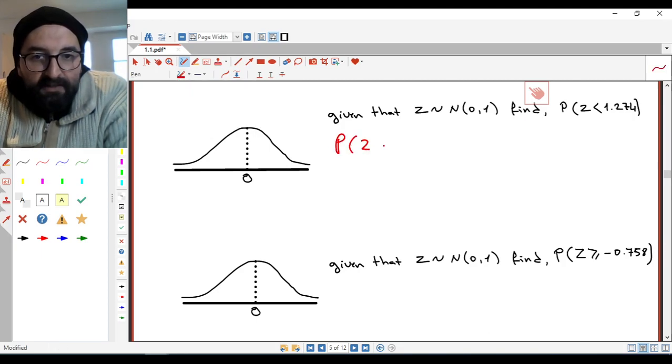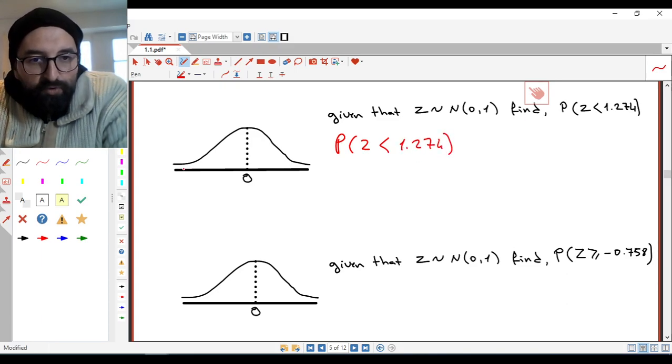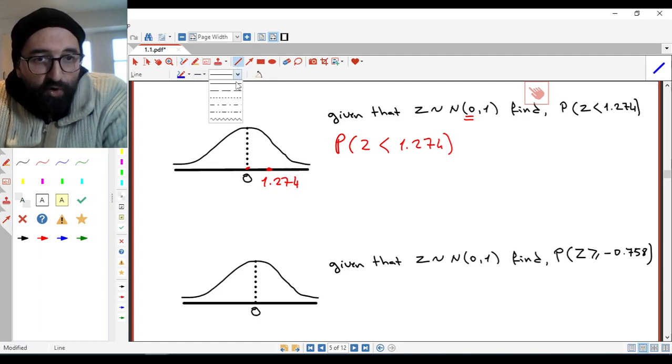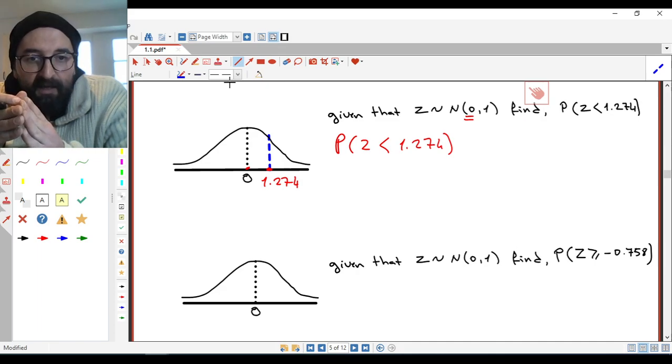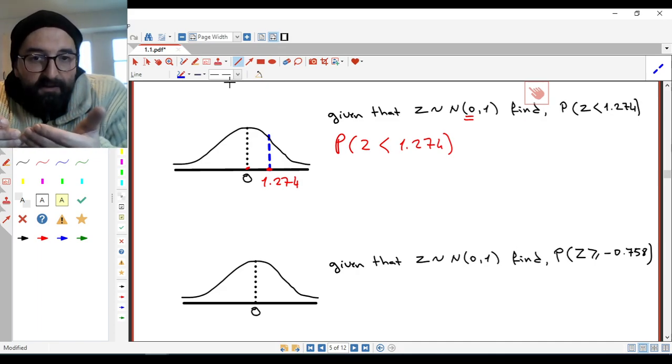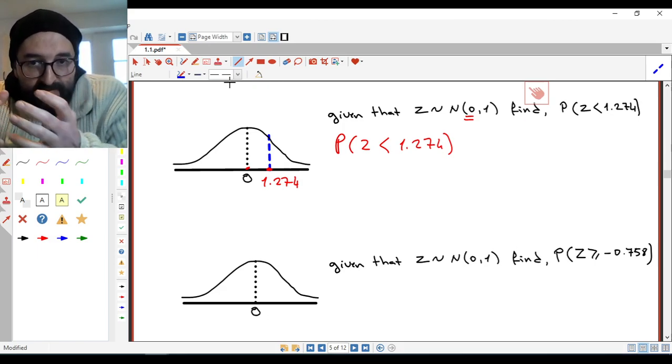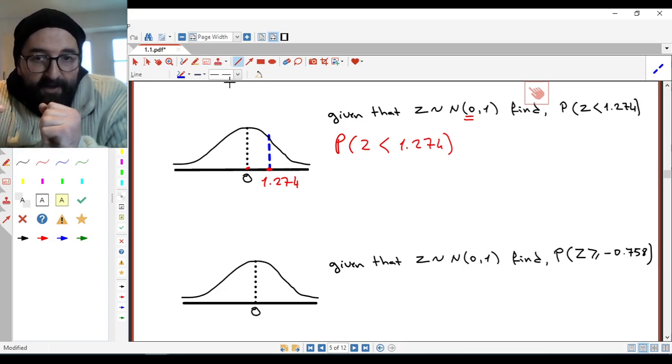Firstly, if you want to find the probability of z less than 1.274, you have to draw a normal curve with 0 at the center, because our mean is 0, and then find 1.274 and draw a line which separates the curve into two parts. You have to think about whether you are looking for the small area or the big area.